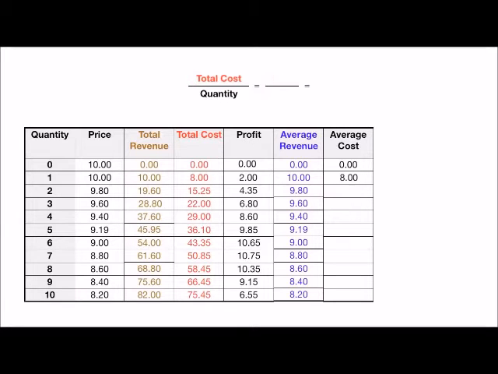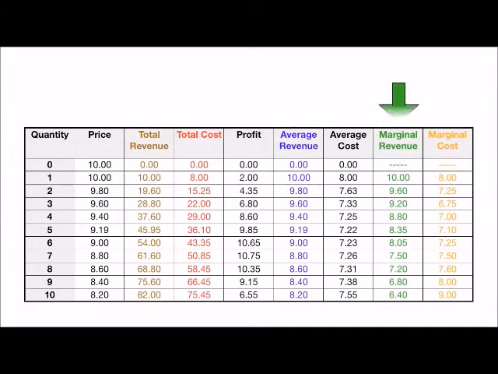Now I have a total cost of 15.25, and that divided by 2 is equal to 7.63. I'll just fill in the rest of the values now.